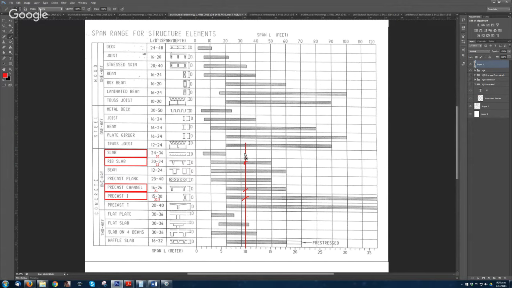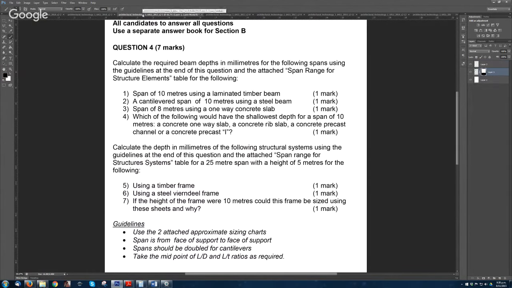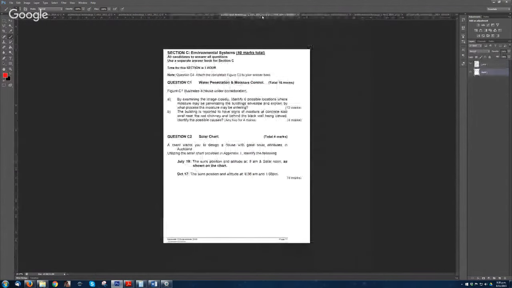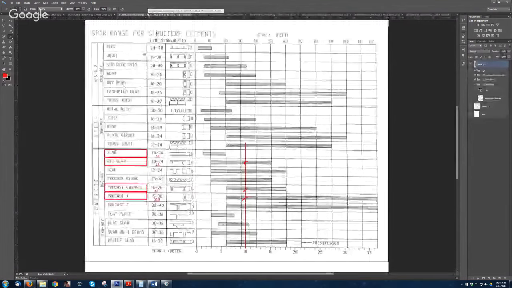So that's why I didn't put that as my answer. Yeah, for a 10 meter span, of course it would be the shallowest, you got 0, but you can't use that. Yep. That's right. Okay, cool.